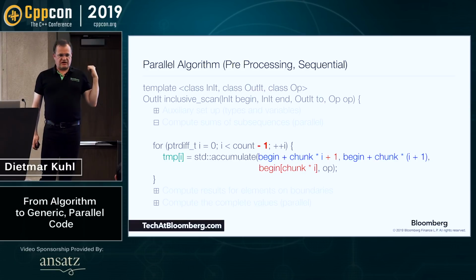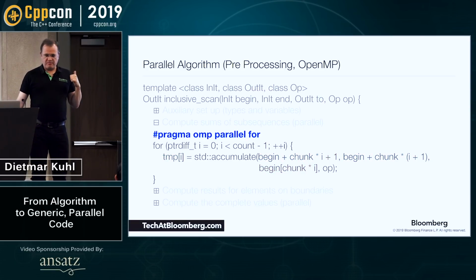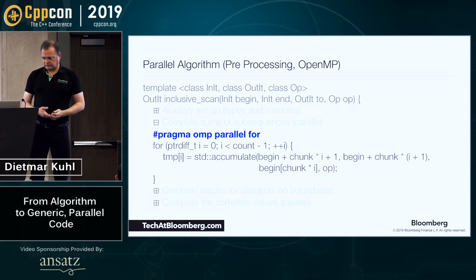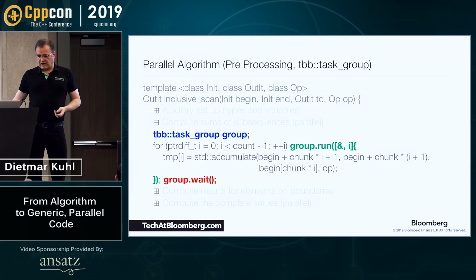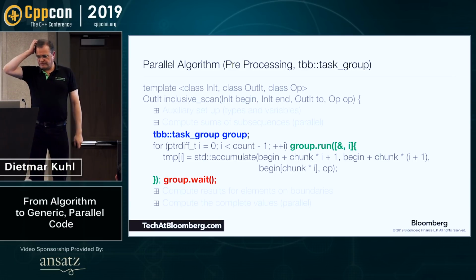This loop is nicely accessible to OpenMP. If we want to get that parallel, we just slap a pragma omp parallel for on top of it, and then OpenMP will nicely go, yep, I can parallelize that. We can do pretty much the same as I did before with the task group, to say, all right, I can schedule these things in parallel as well using a task group.